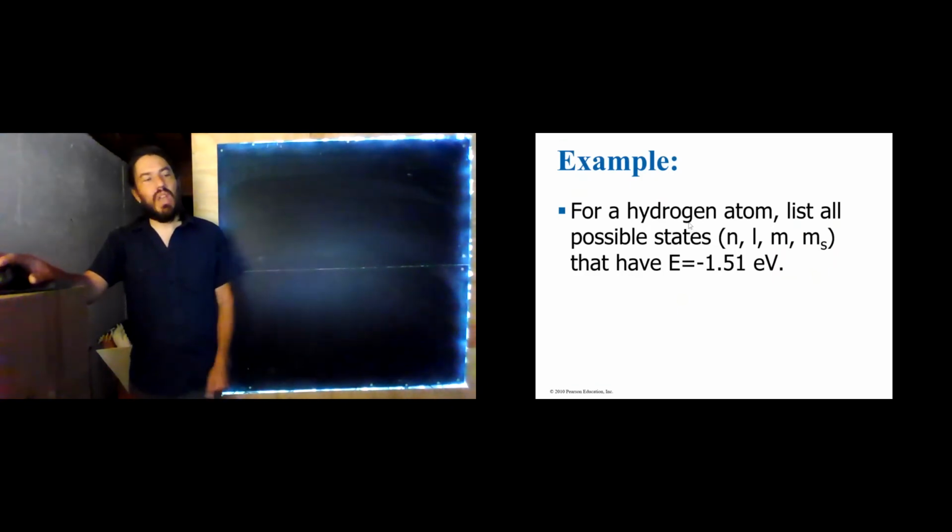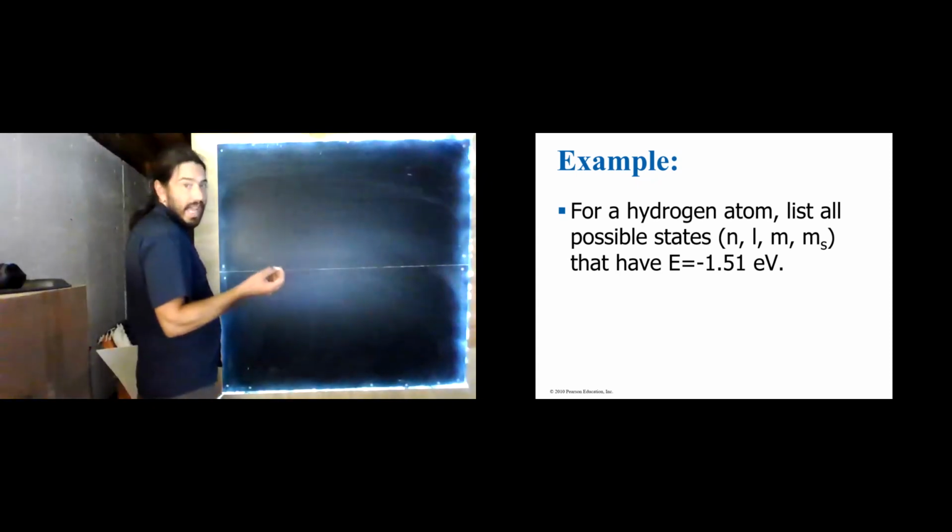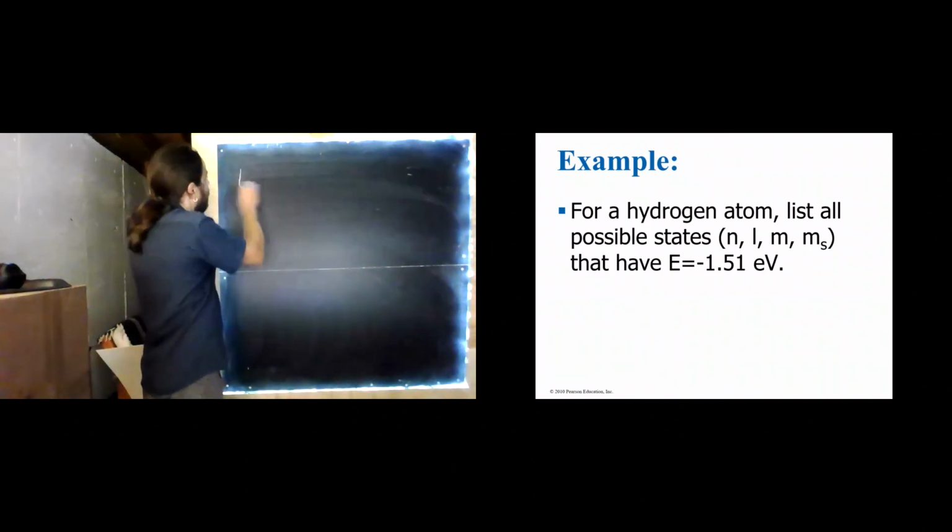Let's do a quick example. For a hydrogen atom, list all possible states for n, L, m, and m sub s that have E equals negative 1.5 electron volts. Well, let's just see. We're going to use this equation here.